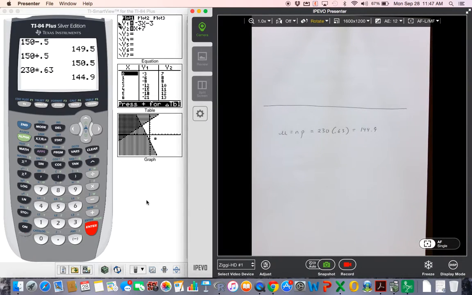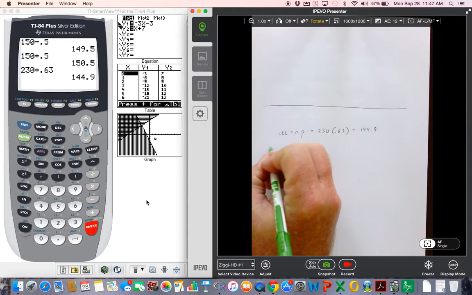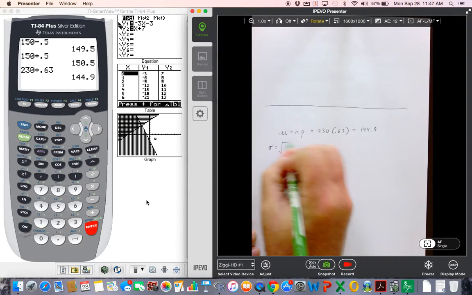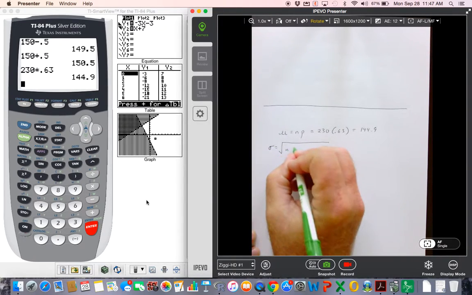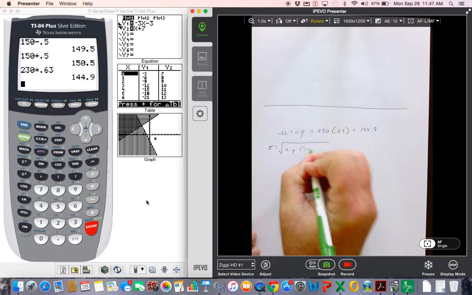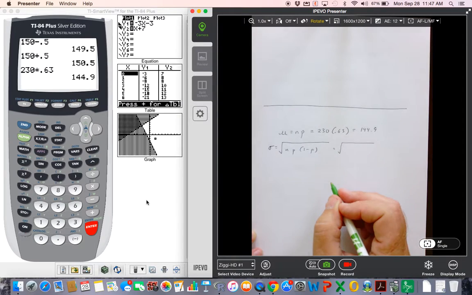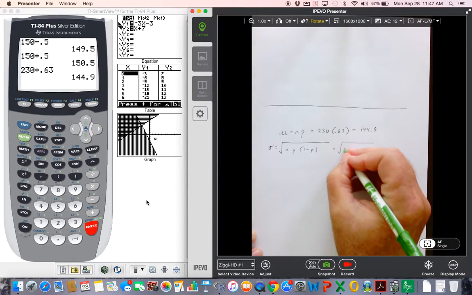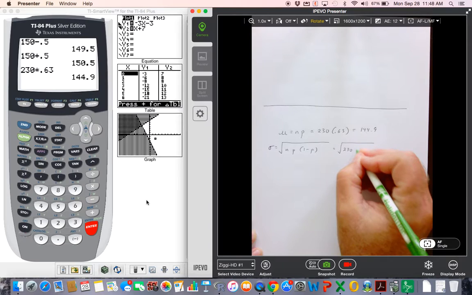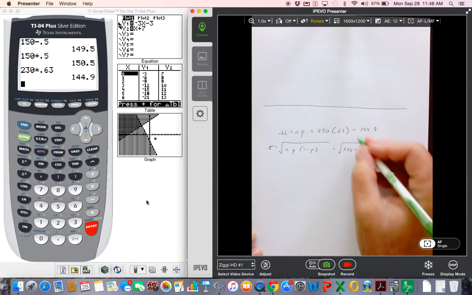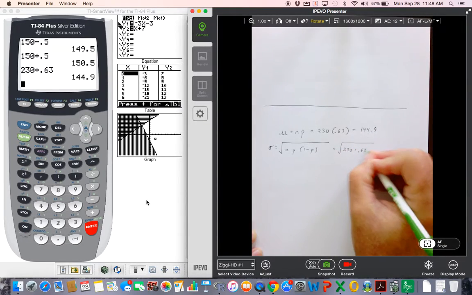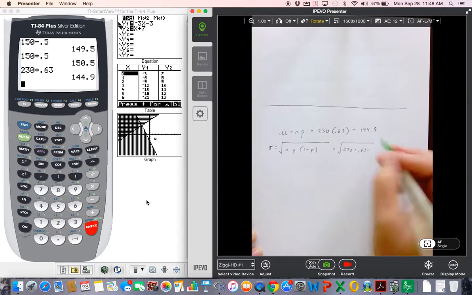All right. Now we need to get the standard deviation. So the standard deviation is going to be the square root of n times p times 1 minus p. So the standard deviation is going to be n, which is 230, times p, which is the 0.63, times 1 minus p.